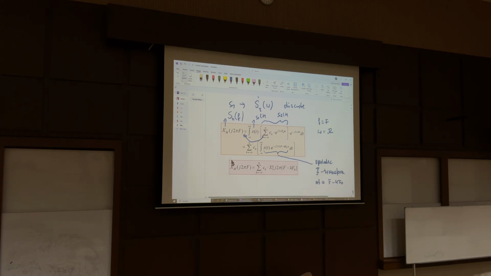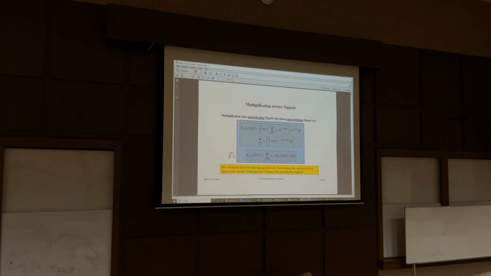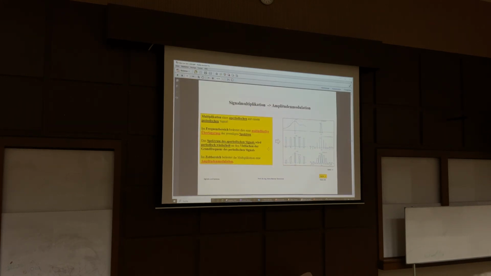And that means, that is very important. You see, the spectrum of the multiplied signal or the modulated signal. The spectrum of the modulated signal is the spectrum of the aperiodic signal shifted to the modulation frequency and the multiples of the modulation frequency. And that has a meaning.